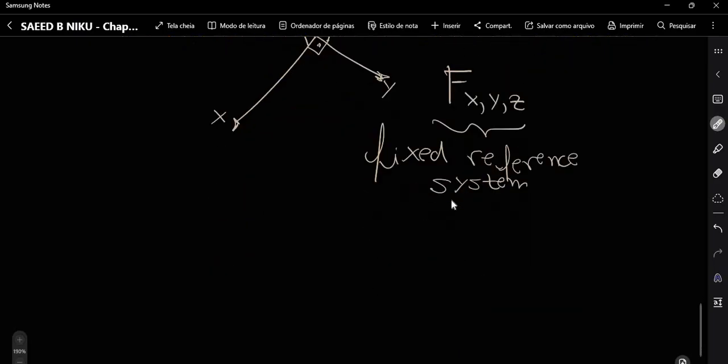We also need a set of axes n, o, and a to represent another referential, but this is a movable referential, forming this movable reference system.